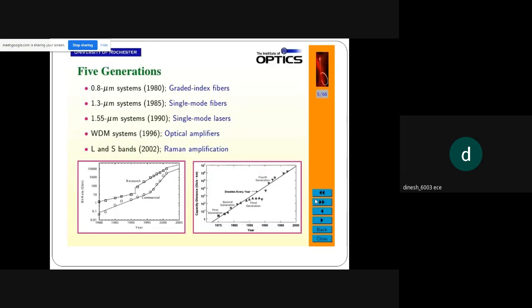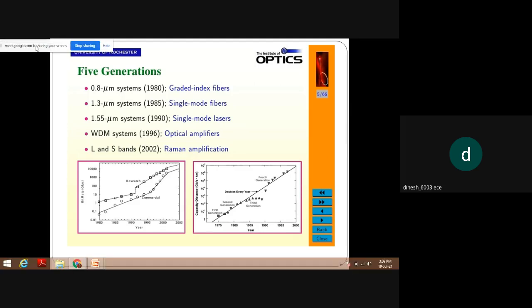Now this has come to 5 generations, according to the Institute of Optics at the University of Rochester.